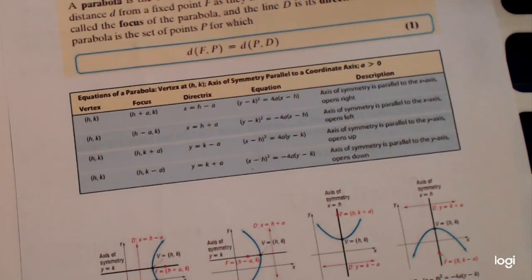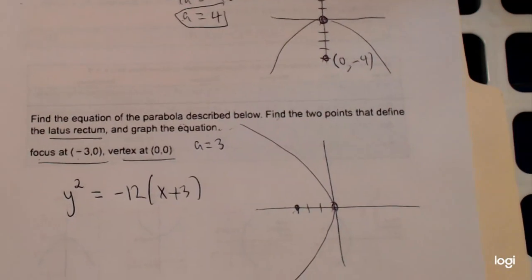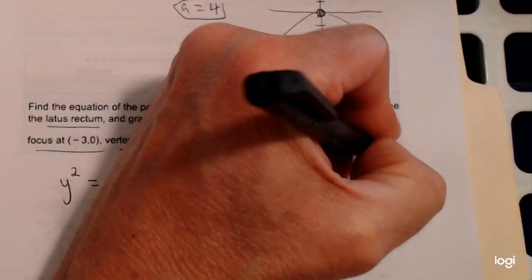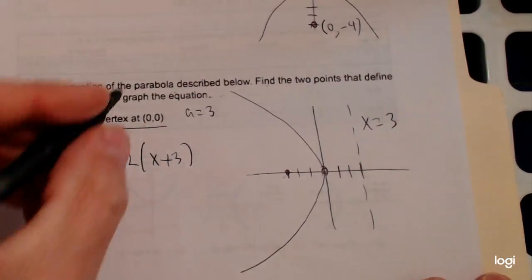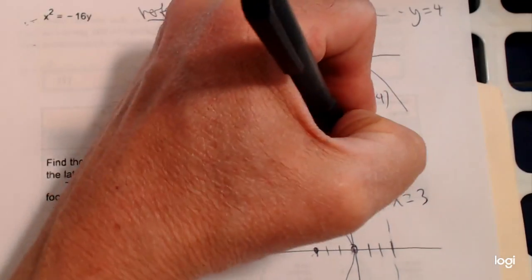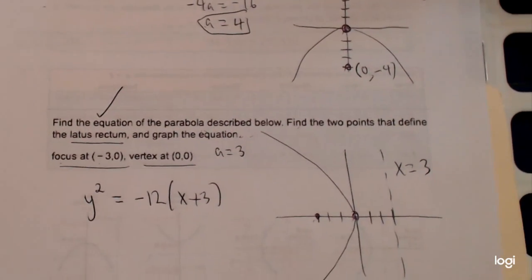So I'm just using these formulas right here. Okay. All right. Now, the directrix is going to be here, and it's going to be x equals 3. So let's go through what we've got. We found the equation. We've done everything, but we've done some stuff we didn't need to do.